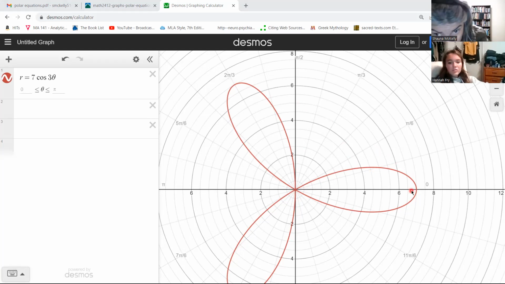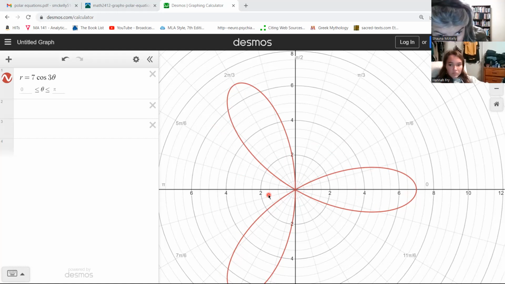So there's one at 0, one at 120, one at 240, which is 4 pi over 3, and then one at 360, which is coterminal with 0, which makes sense. They're 3 petals, 120 degrees apart. If you wanted to plot these points, you could do that.